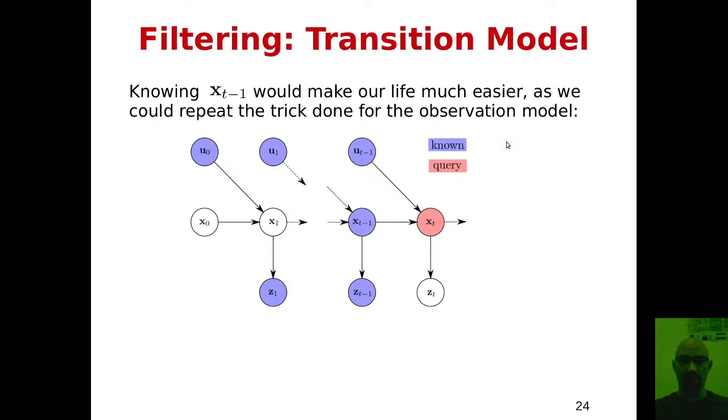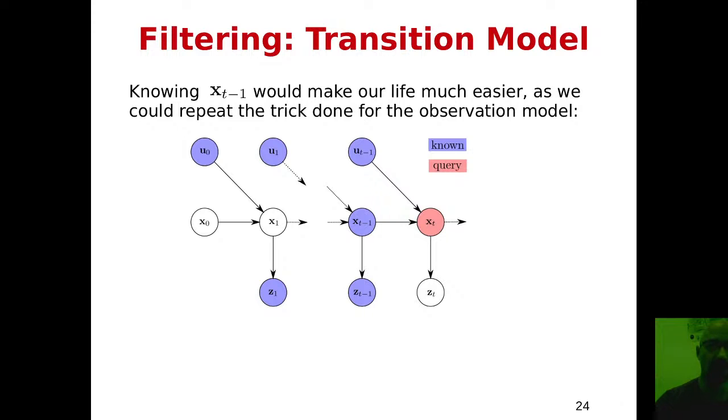However, we observe that if we would know this probability distribution, then we would have a quite easy life, because in this case we could easily predict the distribution of x of t just by knowing u t minus 1 and x t minus 1, which will then absorb anything about the previous time. Okay, so what can we do?